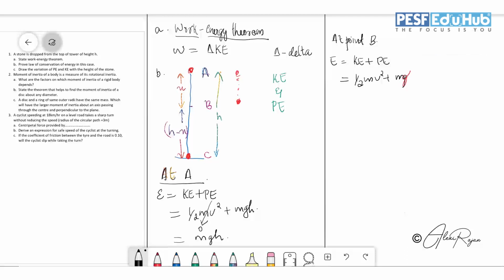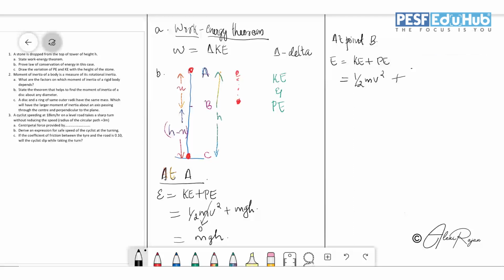Now the issue is that you want to assign the value of v and h here. You cannot take directly this equation, half mv square plus mgh. So what is the change here? You all know that kinetic energy is equal to half mv square, right?